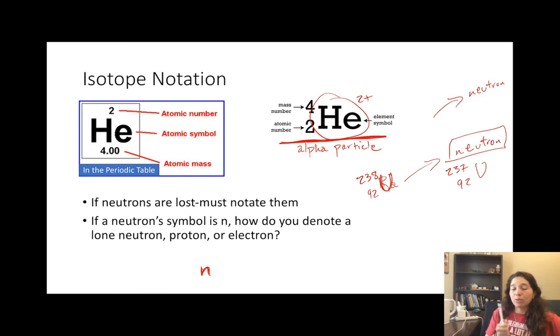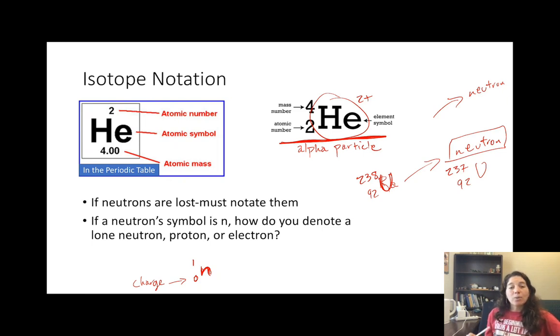So the mass of the neutron we know is 1. So our mass goes up here. Now, our atomic number, there is no atomic number. It's not on the periodic table. That doesn't make sense. So we actually put our charge down here. So the N, 1, 0. This is how we would use isotope notation to denote a neutron.